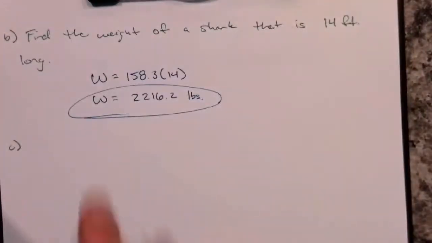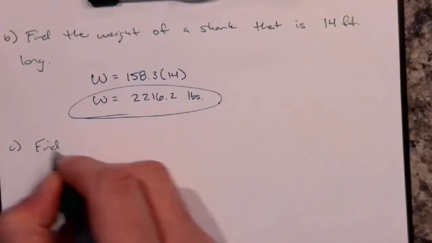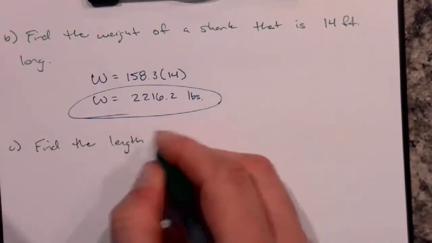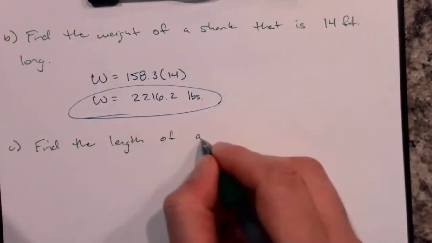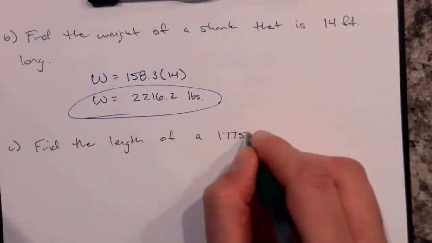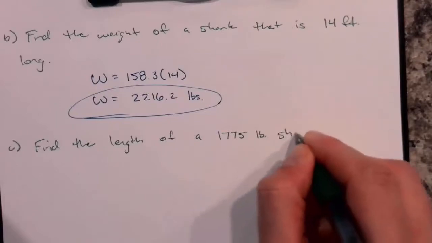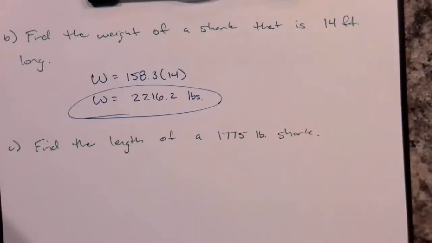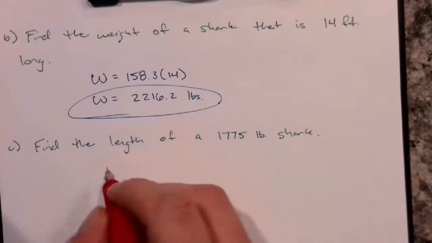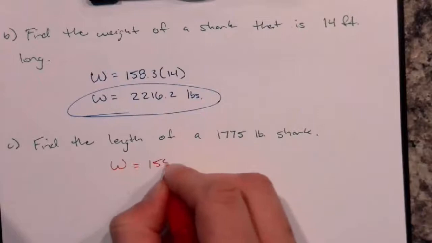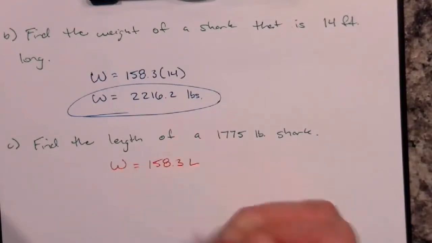We'll just look at one more. Find the length of a 1,775 pound shark. Again, we're using our formula: the weight is equal to 158.3 L. The part they gave us this time was the weight.